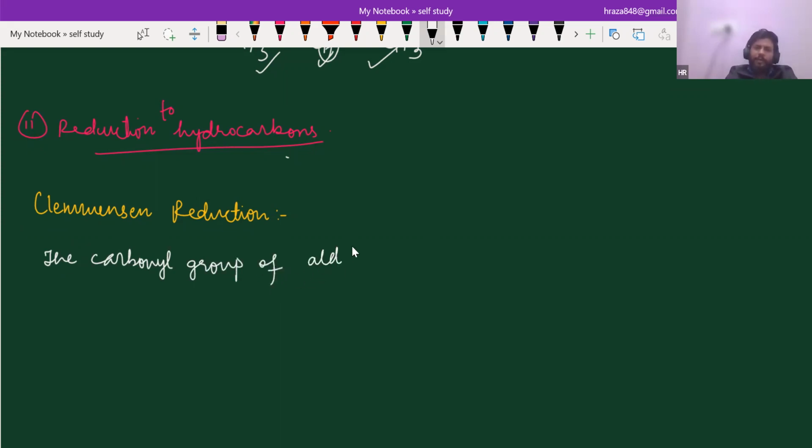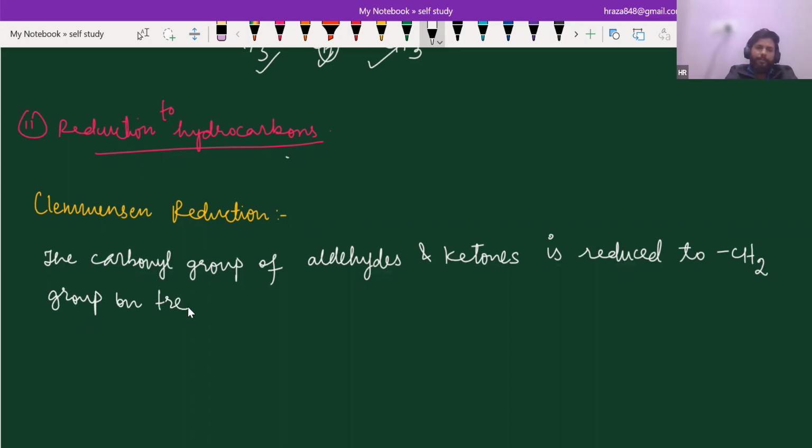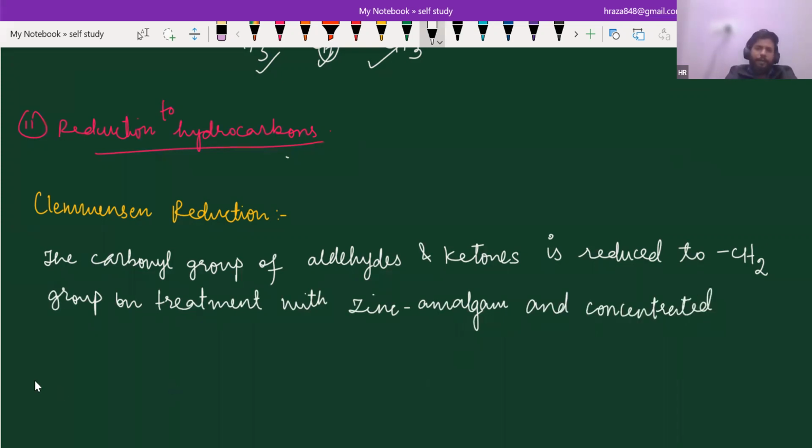The C=O of aldehydes or ketones is reduced to a CH2 group on treatment with zinc amalgam, that means Zn-Hg, Hg is mercury, and concentrated hydrochloric acid. This reaction is known as Clemmensen reduction.